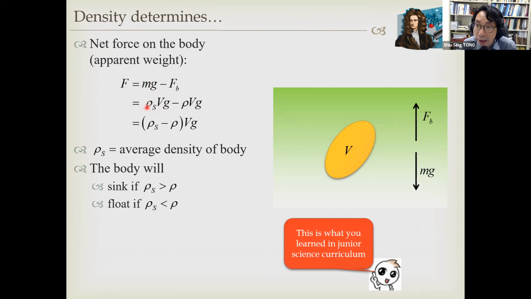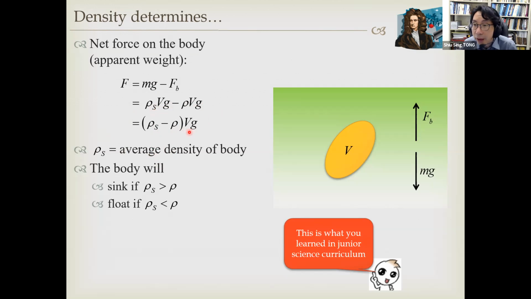This is the weight of the object. And the upward force is the weight of liquid displaced. But the volume of liquid displaced is just the same as the object itself, right? So the weight of liquid displaced is rho Vg, where rho is the density of the fluid. Okay. So now, after taking out Vg, I have (rho s minus rho) Vg.